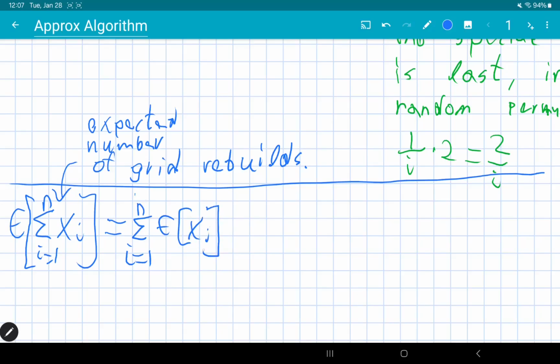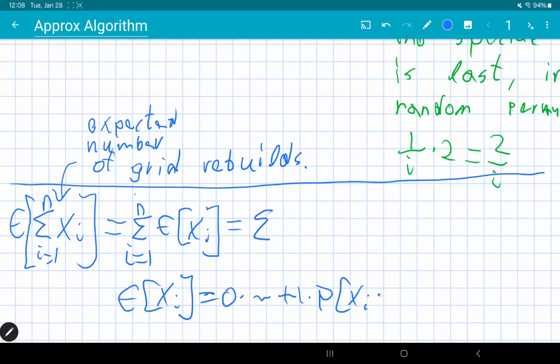And now xi, I told you that it's 1 if the event happened, namely that the closest pair distance changes. If it doesn't happen, it's 0, right? It's an indicator variable. And it's a standard observation that the expectation of an indicator variable is equal to 0 times whatever, because we don't care, and 1 times the probability that xi is equal to 1.